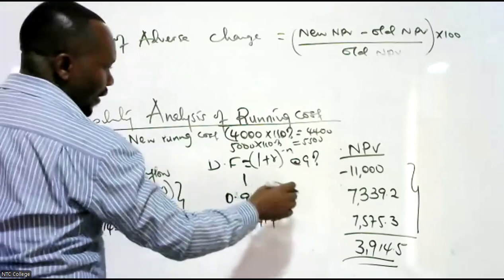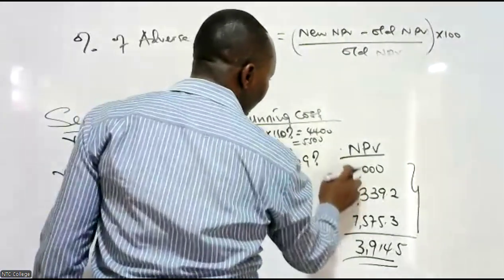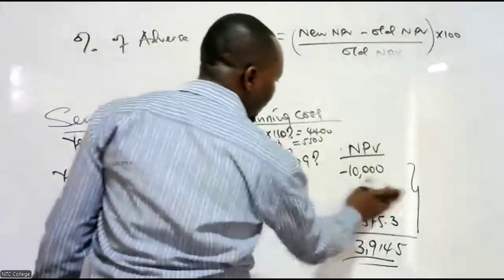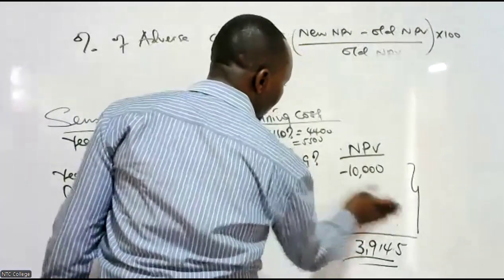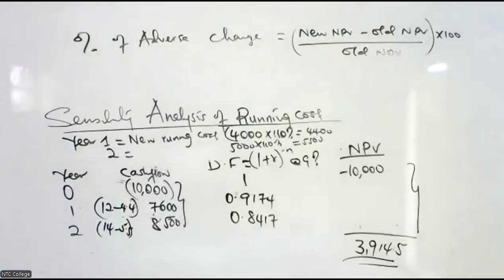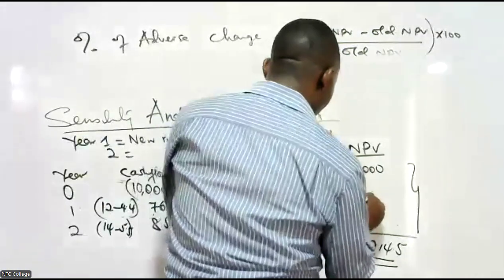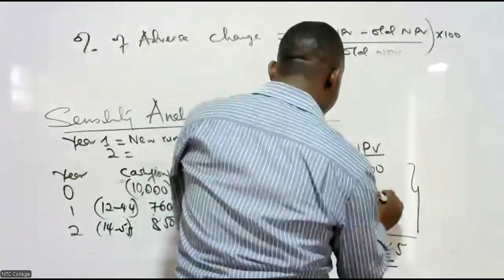So you multiply and get the new NPV. So we have 7,600 times 0.9174, 6972.24.